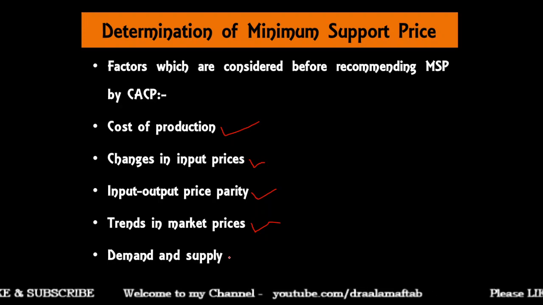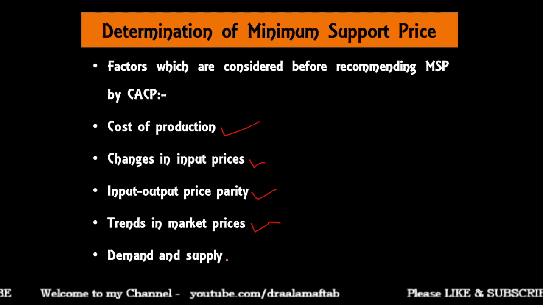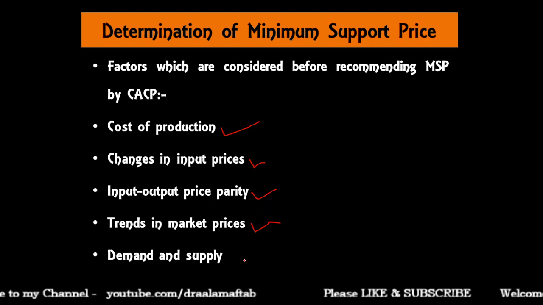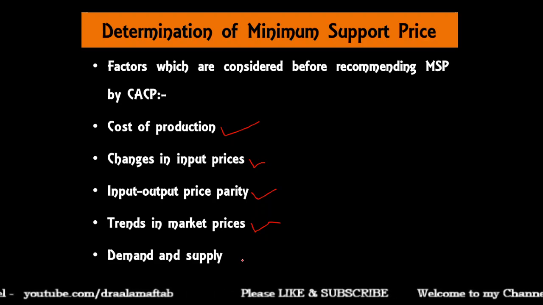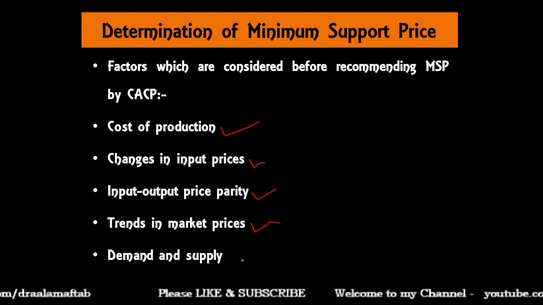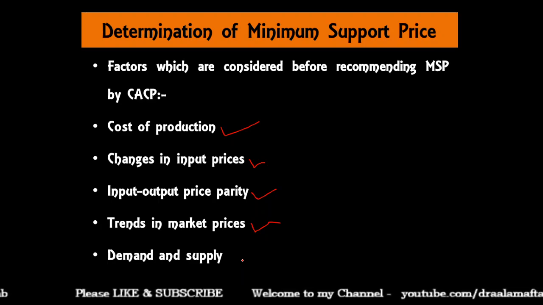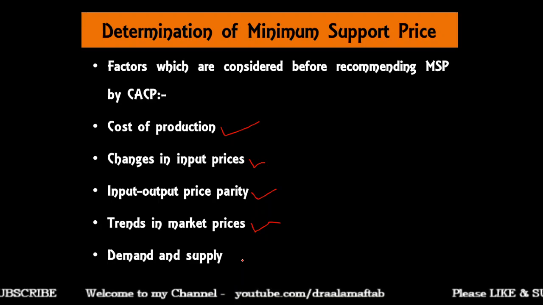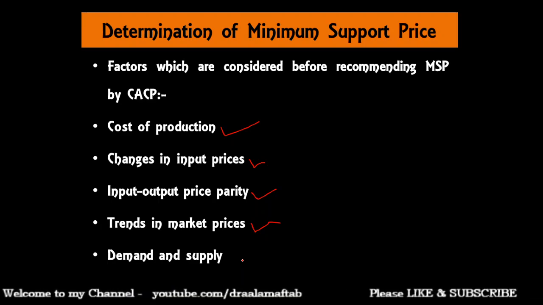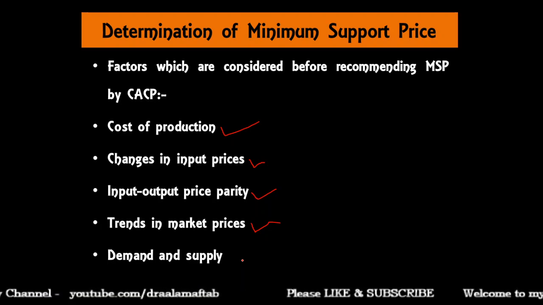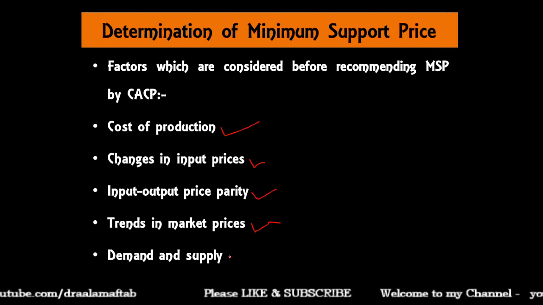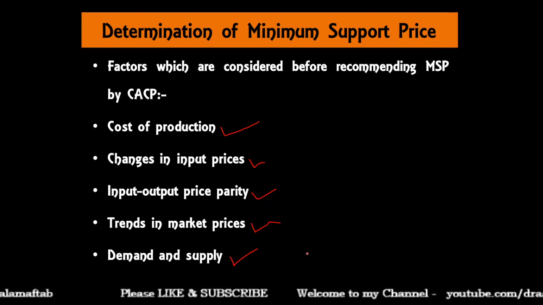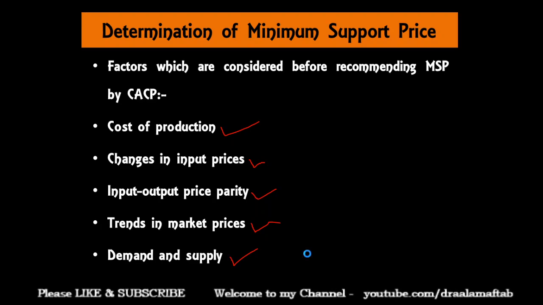The next factor is demand and supply factors. This is a very important point, how the demand and supply of each and every crop are moving. What is the demand of wheat, demand of paddy, demand of pulses, and similarly what are their supplies. That comparison is also made before deciding MSP by CACP.